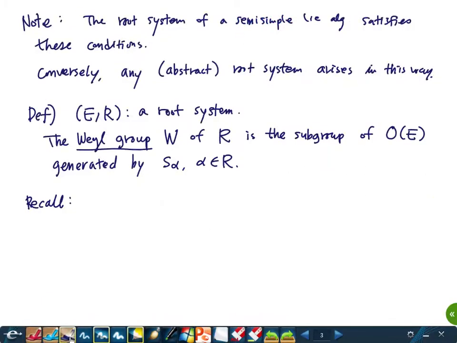So W acts on, okay, let me write this way. W is a finite group, a finite subgroup of, it's not just any subgroup, but it has to be a finite subgroup permuting the roots.